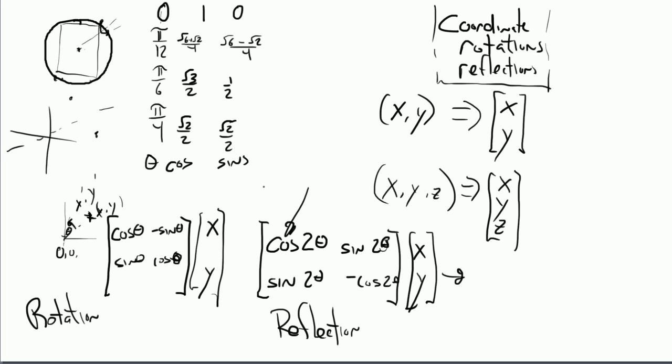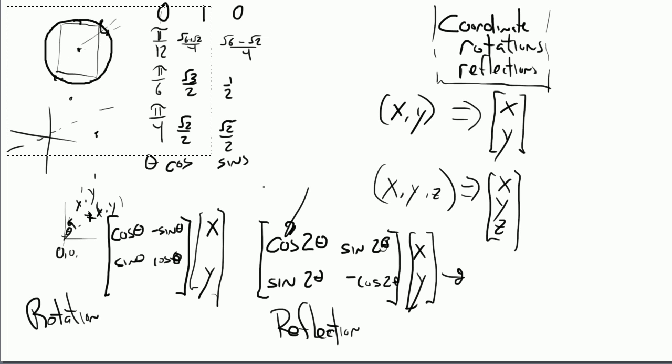Eventually, you would like students to realize that these patterns of cosine minus sine, sine cosine, or cosine 2 theta, sine 2 theta, sine 2 theta minus cosine 2 theta, end up showing up in many, many different ways, in not a 2 by 2 matrix, but in a 4 by 4 matrix, and I'll talk about that right now.